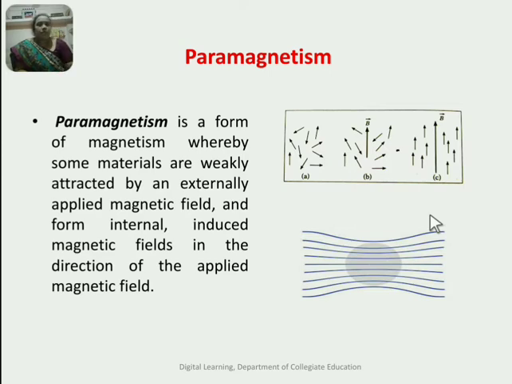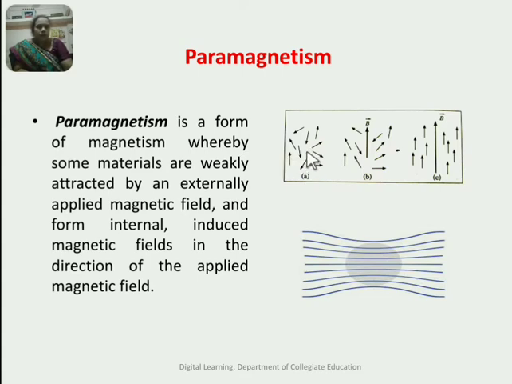The materials which possess a little net dipole moment are called paramagnetic materials. In these atoms, when the electrons are rotating, they make dipole moment.